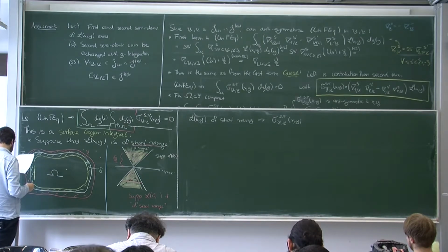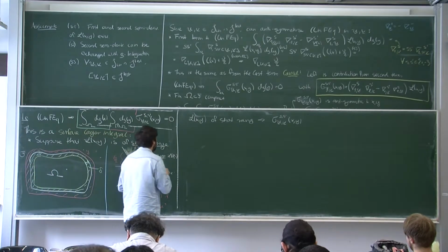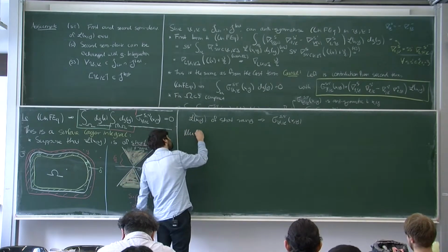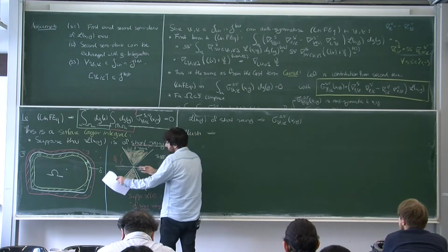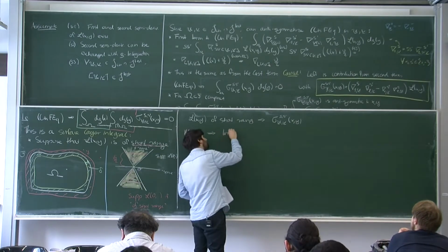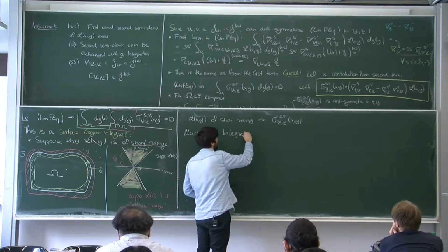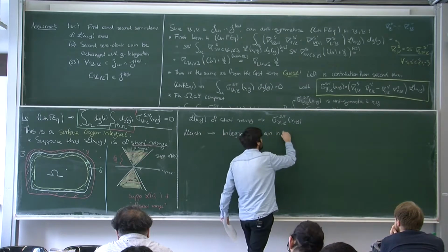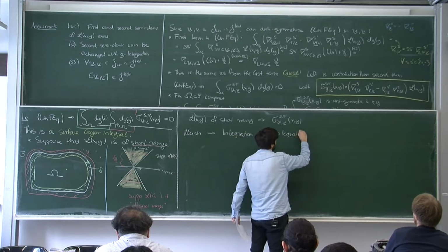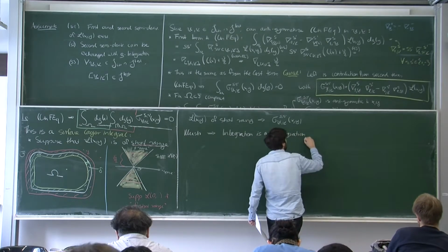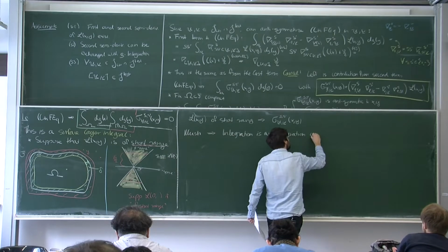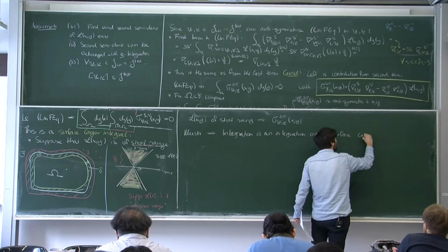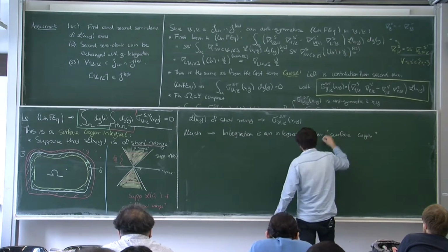So the first thing we see, from the illustration, is that the integration is an integration over a surface layer. Yeah, so it's not over a surface, but it's over a surface layer.